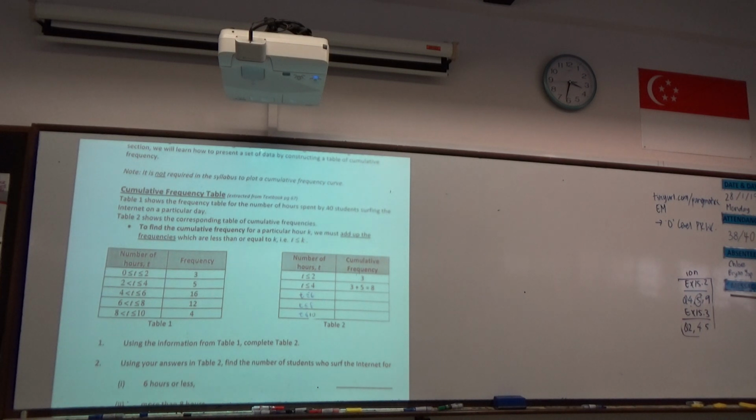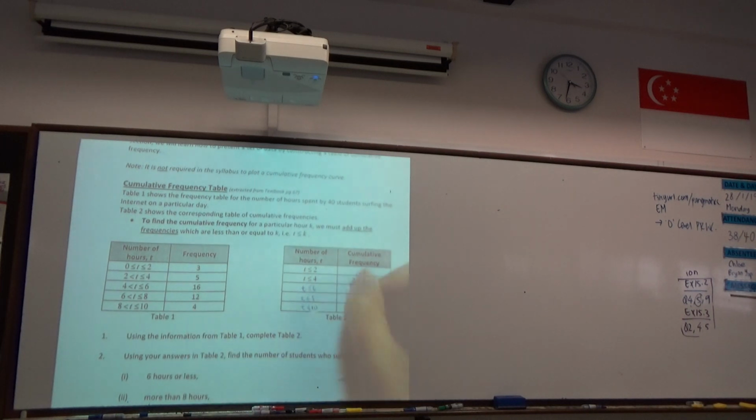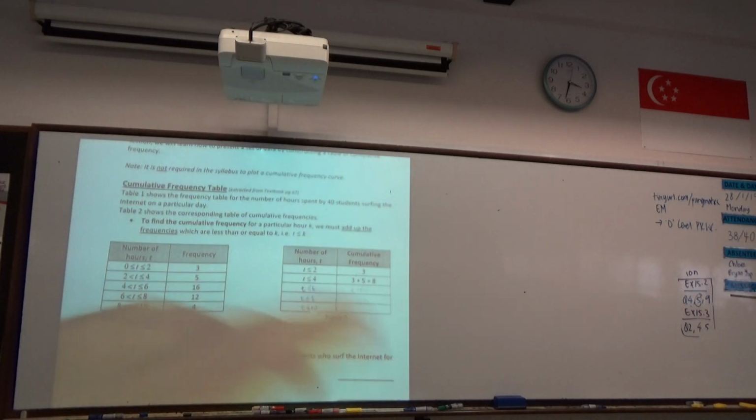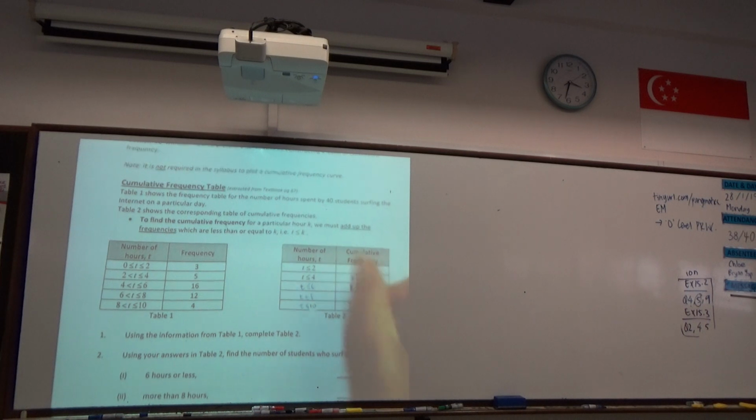Then to find the cumulative frequency for t less than or equal to 6, we take this 8 plus the 16 here, which equals 24. Then t less than or equal to 8 will be 24 plus 12. Lastly, 36 plus 4, that will be 40.